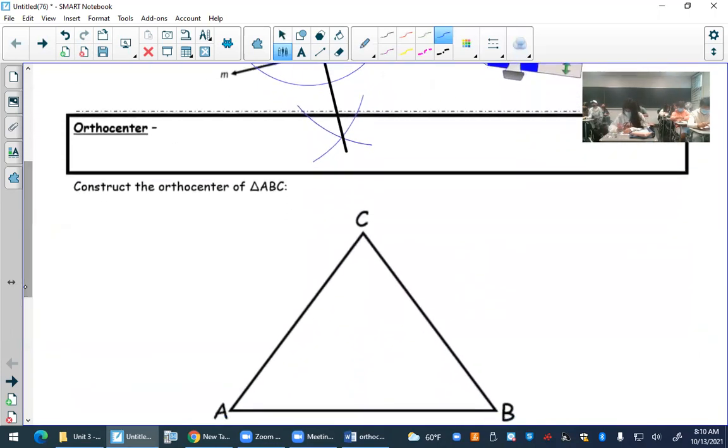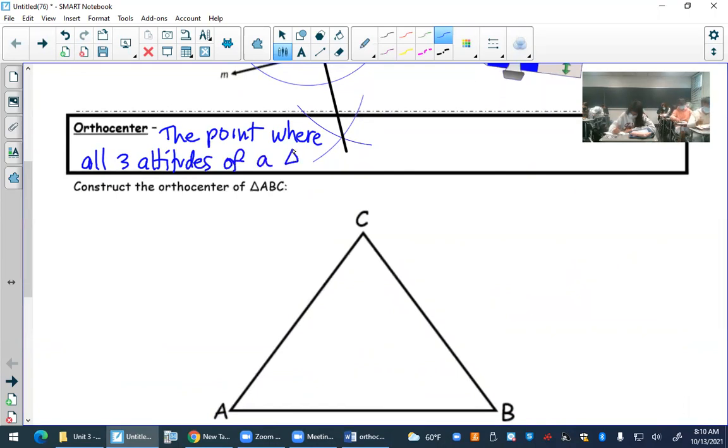Practice. Now the orthocenter is the point where all 3 altitudes of a triangle intersect.